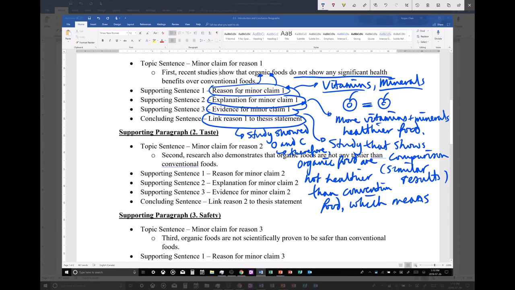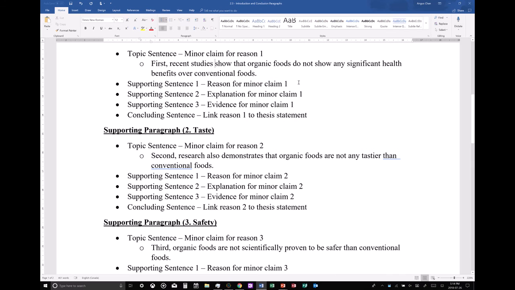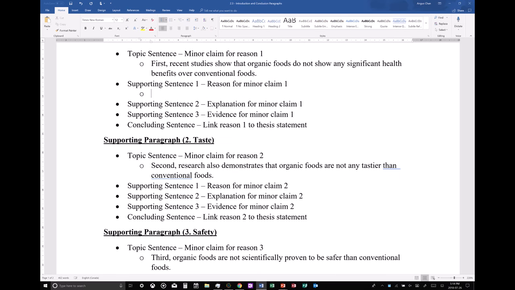Yeah, if a better food is healthier food. So if it's not healthier, it's not better. Food is not better than conventional food. And that's kind of how you build the outline. So I'll write the sentences and then we'll call it a day.